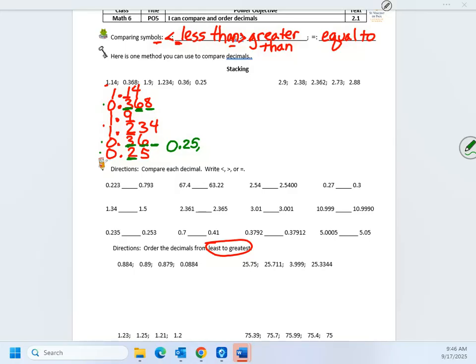I have to put a 0 in when there is nothing there. Now which one is smaller, 8 or 0? Matt? The 0. So my next smallest decimal is the one that had the 0. I've used this one and this one, so my next one is the only one left with the 0.